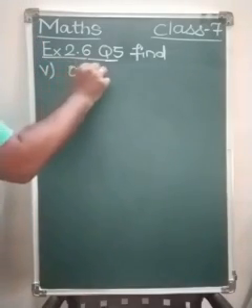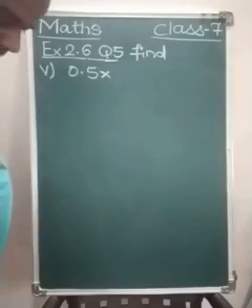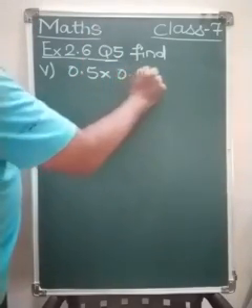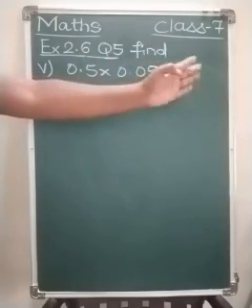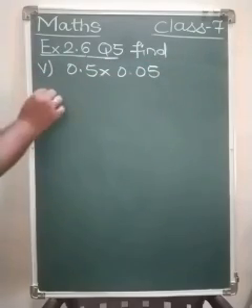0.5 multiplied by 0.05. Directly we'll start solving. No need to check anything. Let us start.